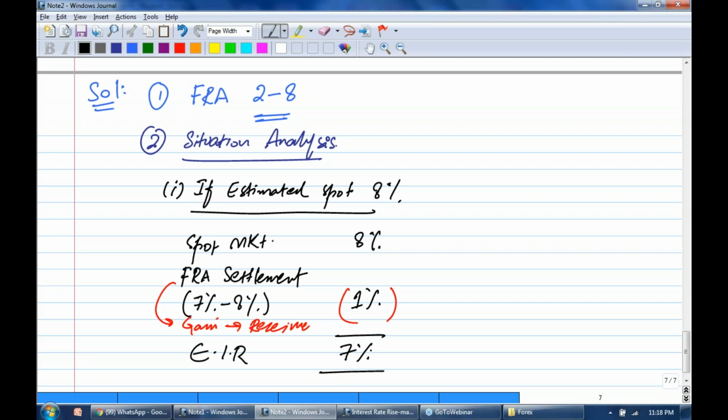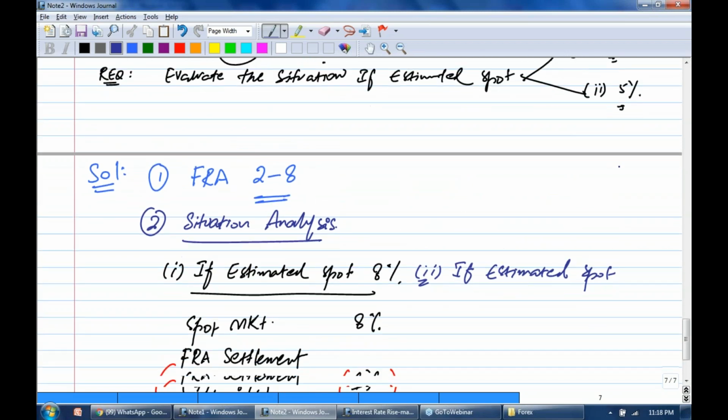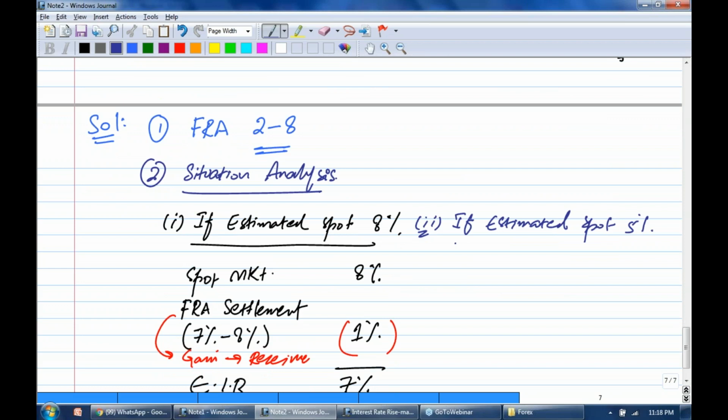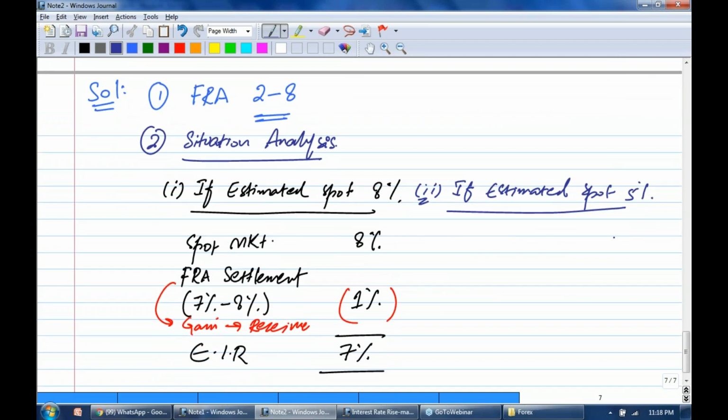And in this gain payment, in case of gain, we will receive, and the effective rate has become 7%. But what if estimated spot become 5%? We are talking about F9. You will go to the spot market, get the loan 5%.